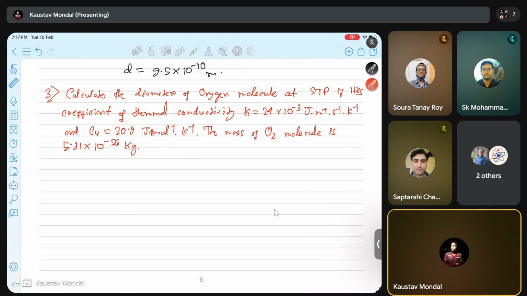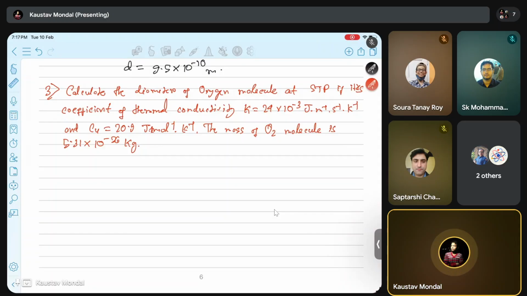Okay, so in that case, what is the diameter of the oxygen molecule?